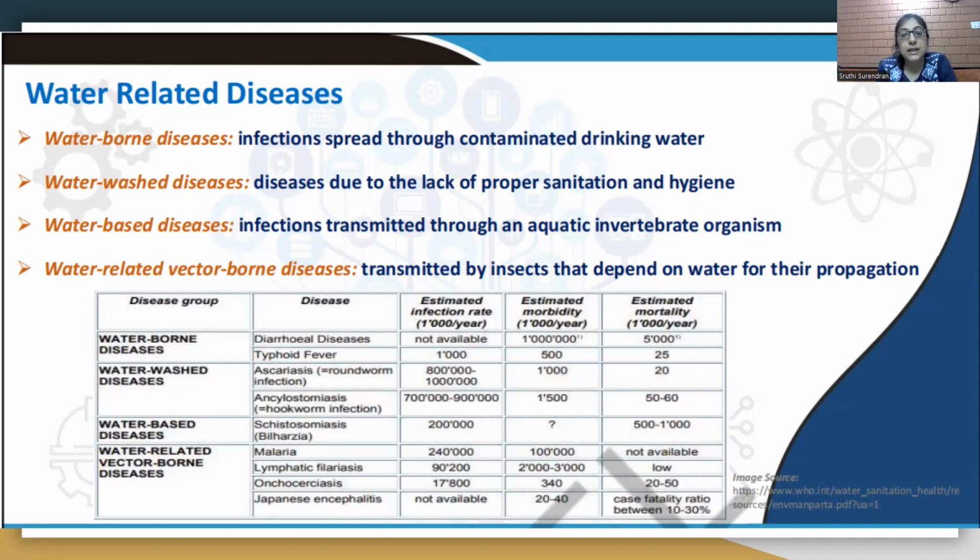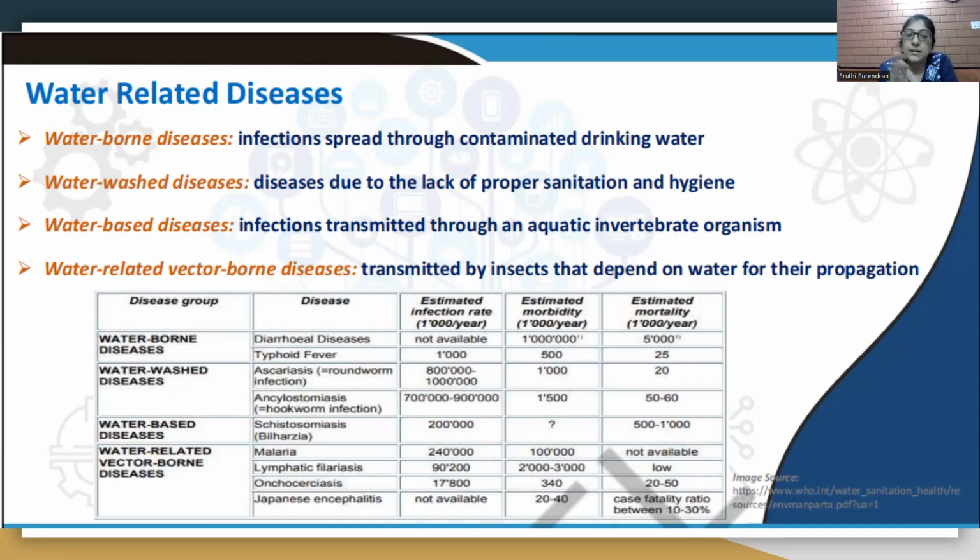Through this water, when they enter the body of a mammal, which is the host for their survival, they cause diseases like this one, and such diseases come under water based diseases. So here parasitic worms and snails are majorly helping in the development of these parasitic worms. That is why this disease comes under water based diseases.